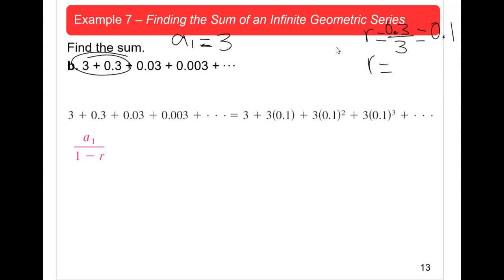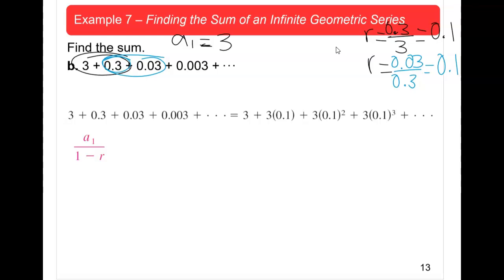Let's try it again. So r, we could take the third term, 0.03, and divide it by the second term, 0.3, and we will obtain 0.1. So that is the common ratio.